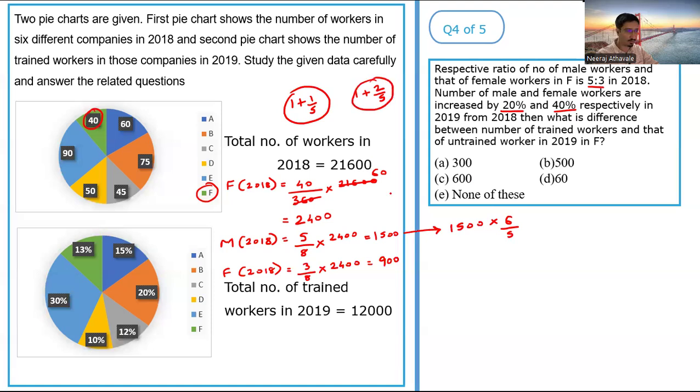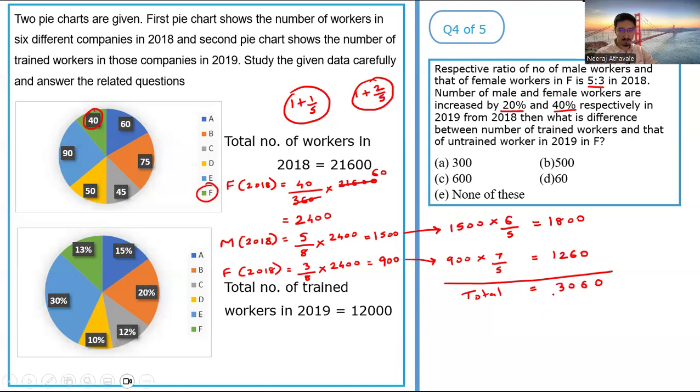So this becomes 7 by 5. So the number of male now becomes 1800. The number of female now becomes 1260. So therefore the total workers come out to be 3060.